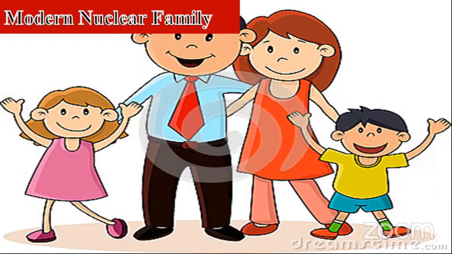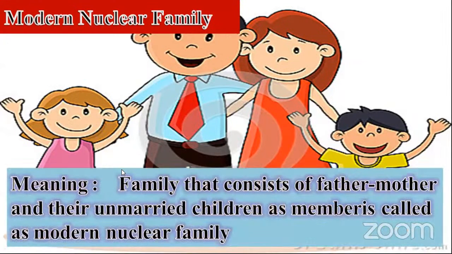because they have different types of desires, needs and requirements in society. A family that consists of a father, mother, and their unmarried children as members is called a modern nuclear family.